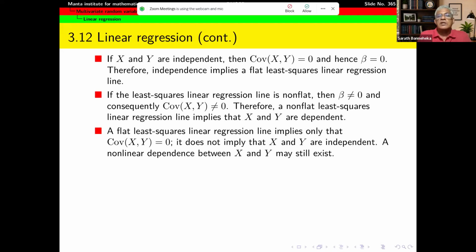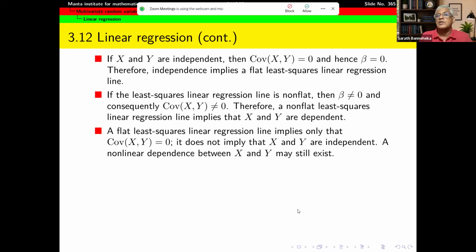If the least squares regression line is non-flat, then beta is not equal to zero, and consequently the covariance is not equal to zero. Therefore, a non-flat least squares regression line implies that x and y are dependent. Otherwise, if they were independent, then the covariance has to be zero. But if the covariance is not equal to zero, that implies x and y are dependent.